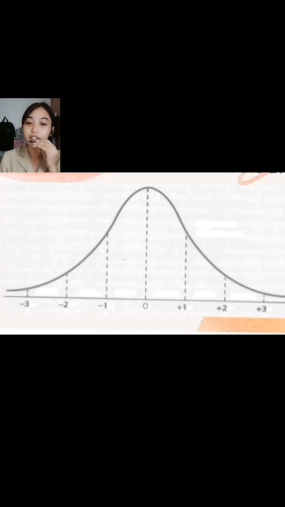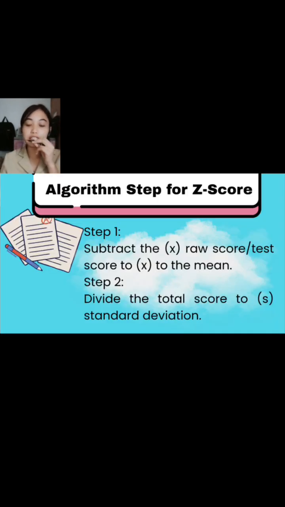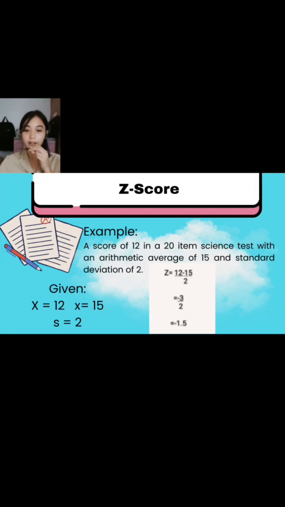So let's dive into the algorithm steps for z-score. Step 1. Subtract the raw score or test score, x, from the mean. Step 2. Divide the result by the standard deviation, which is SD. So here is an example of a z-score. A score of 12 in a 20-item science test with an arithmetic average of 15 and a standard deviation of 2.